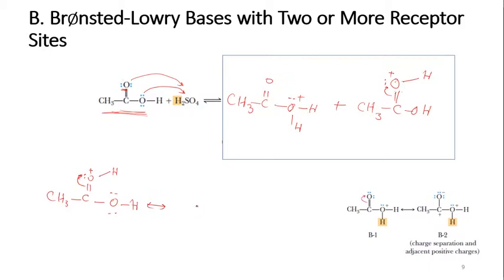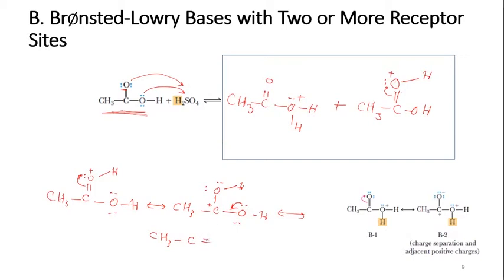What will happen in that case? I will have this structure CH3 and COH with two non-bonding pairs. In that case, this oxygen can move one of its lone pairs to that carbon, because the carbon now is missing electrons, and I will have this resonating structure.